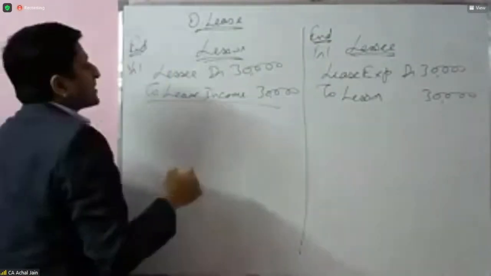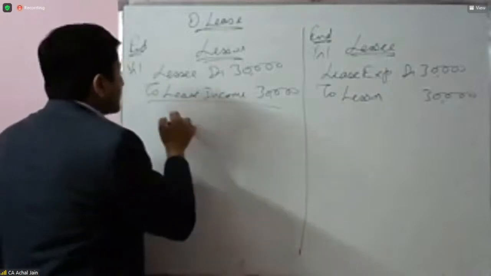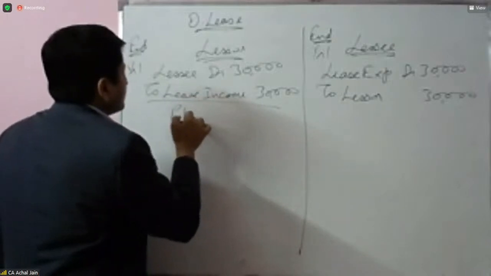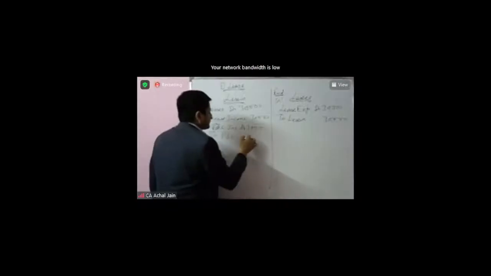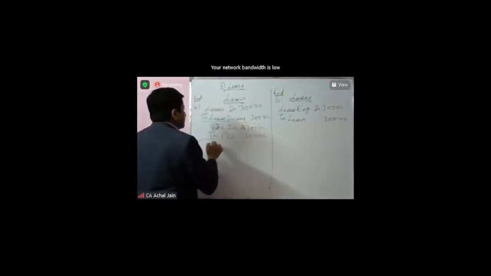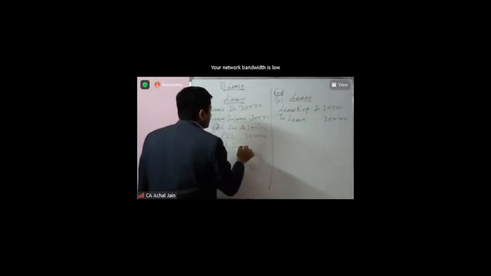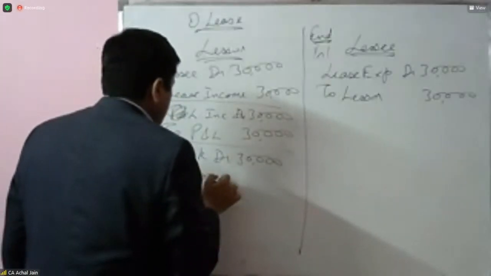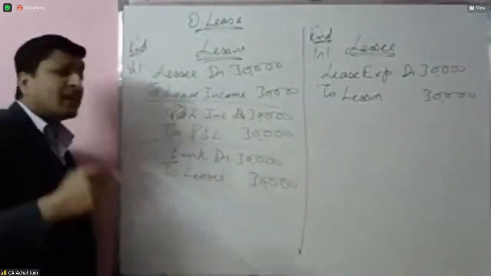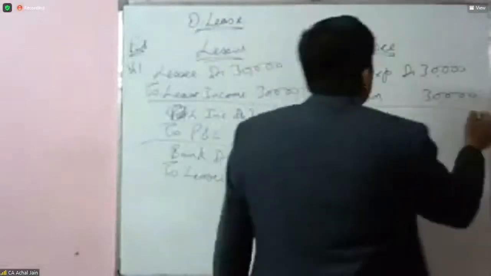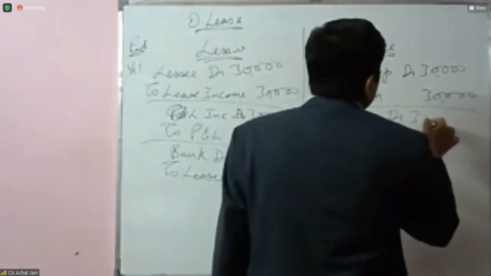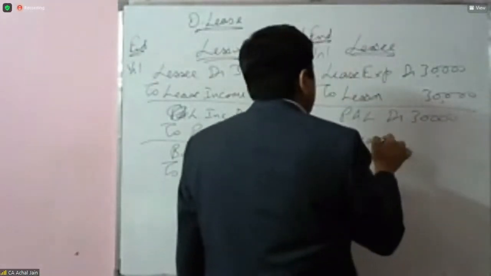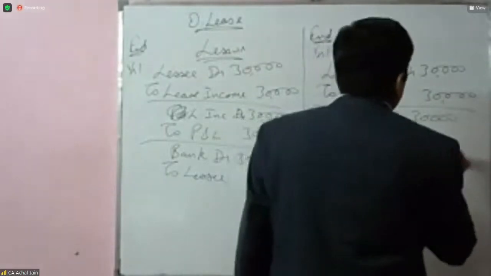And now, this will get transferred. This lease income will transfer to P&L. And the lessee will be paid off. Sorry, income will be received from the lessee, 30,000 to lessee. Okay, the same accounting will be repeated year on year. In this case, this will get transferred to P&L, so P&L debit 30,000 to lease expense, 30,000.